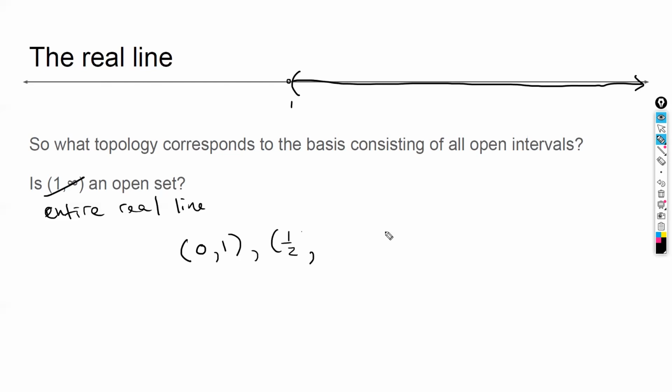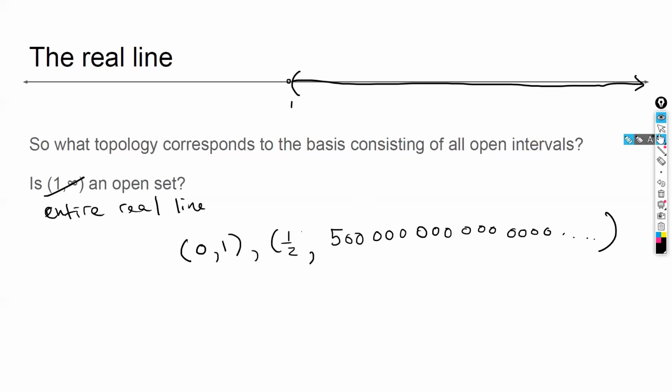Because I need to include all of the real numbers, so maybe I'll go 500 million, 1,000 million, that's a billion, 500 trillion, quadrillion. It seems like I can't actually write down a list of intervals whose union is going to be the entire real line. So I need to fix something here.